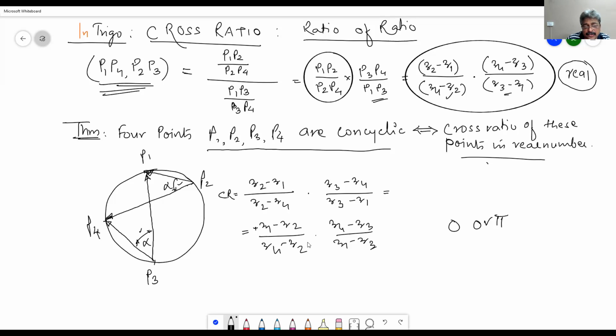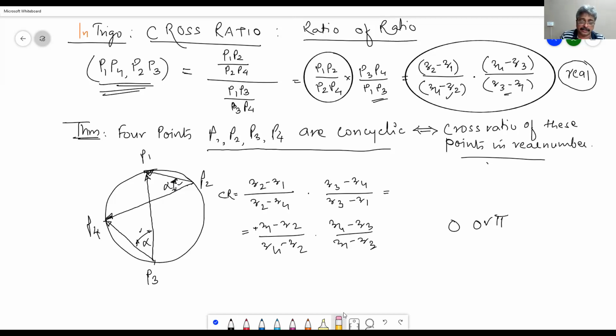Therefore, what are we getting? Sir, minus alpha, right? P3P1 becomes P3P4, that is anti-clockwise, and P2P4 becomes P2P1 is clockwise here.